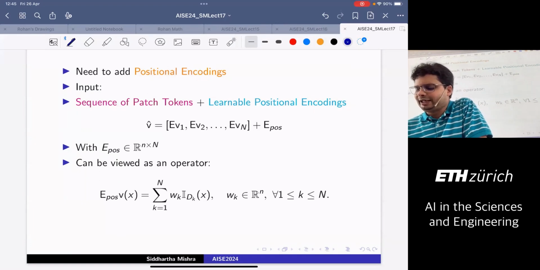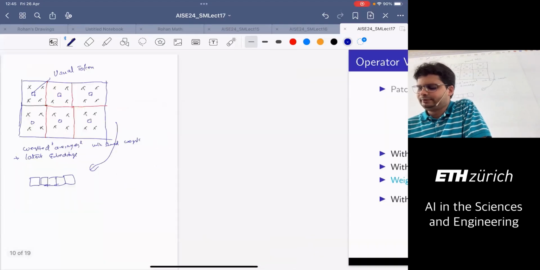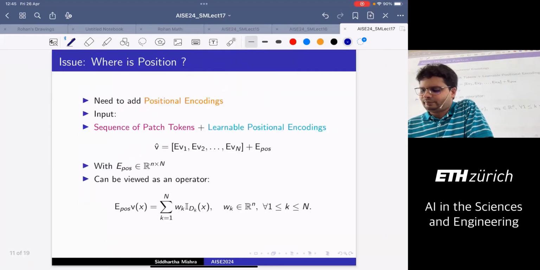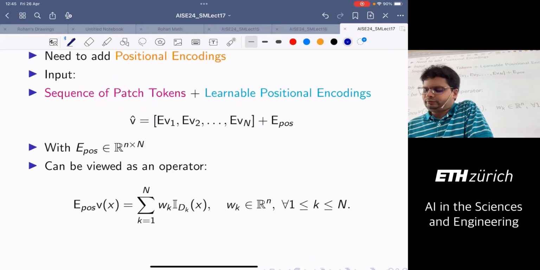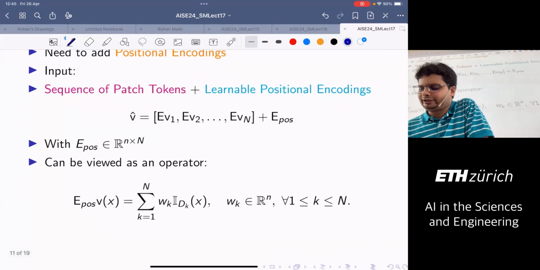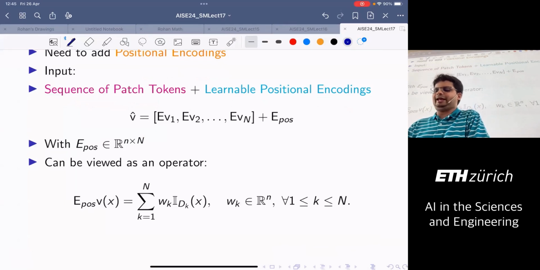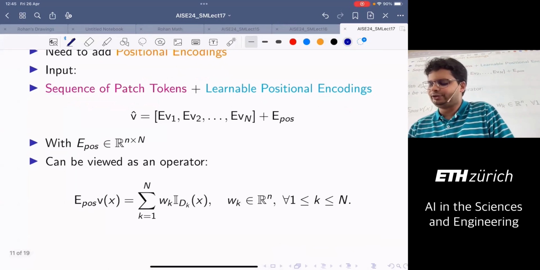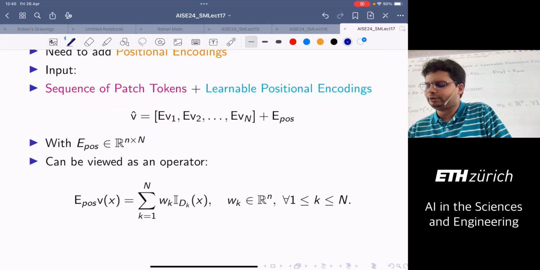So remember that this guy here... sorry. So each of these, this is a vector, right? There are capital N of these tokens. Each of them is, I probably made a mistake with the number of dimensions here, but maybe not. Each of these is an R^n vector. So these are new features.